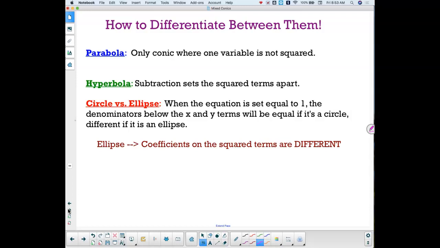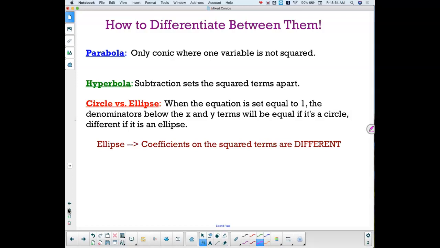Why is the parabola the easiest one to find? Only one variable is squared. So if you only see one exponent of 2, that's a parabola. That's why it's the easiest one to figure out. It's the only one that has one squared variable. All the rest of them have 2 squared variables, x and y both squared.